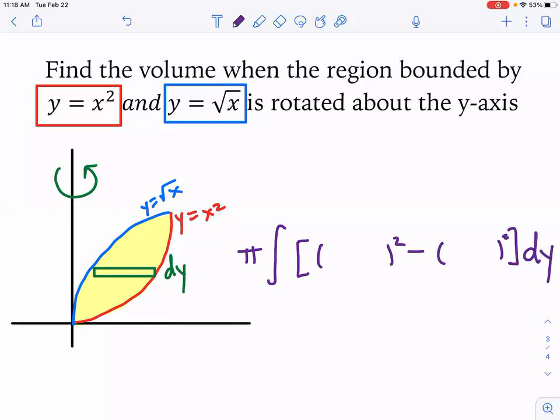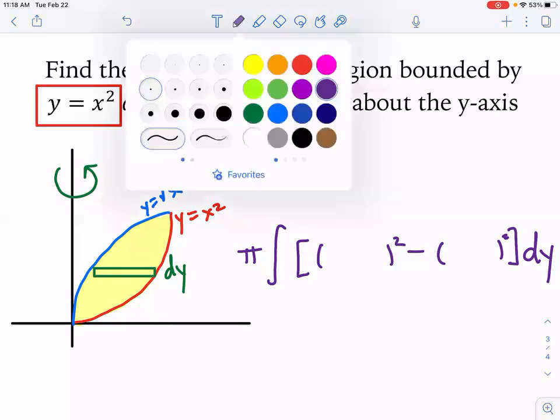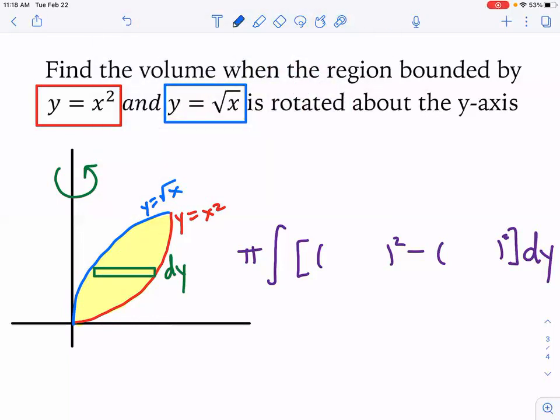Now, before we start plugging everything in, do we have equations that are solved for x? No. So y equals square root of x, we are going to write as what instead? X equals y squared.